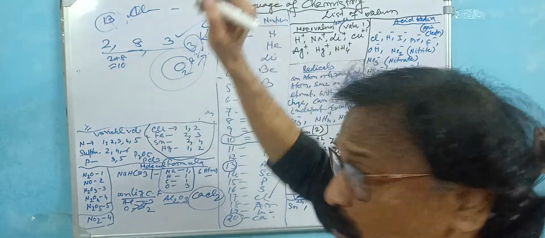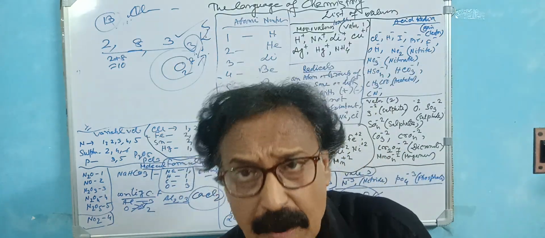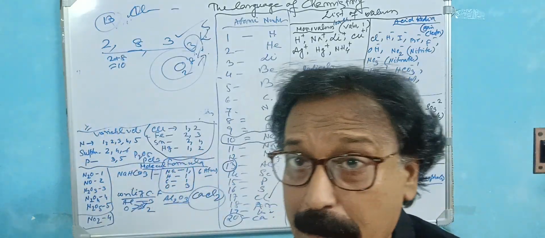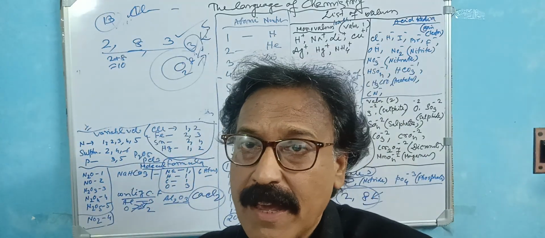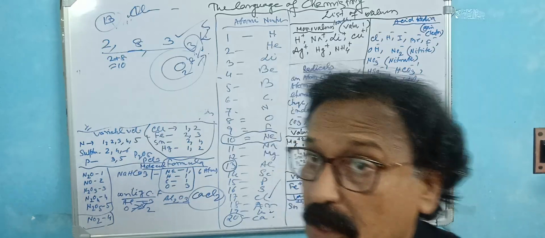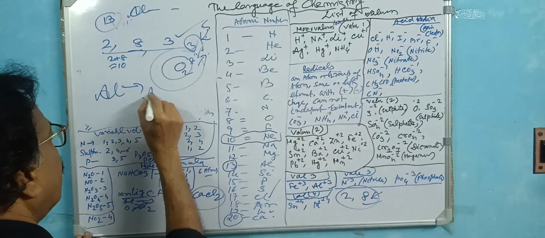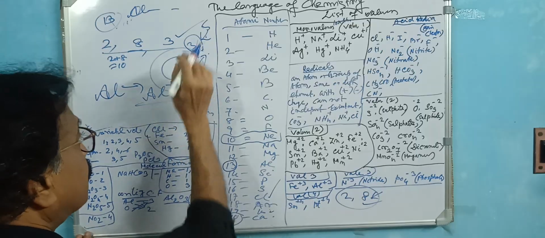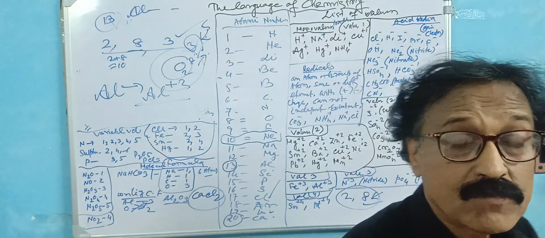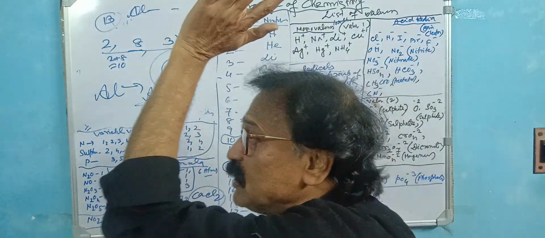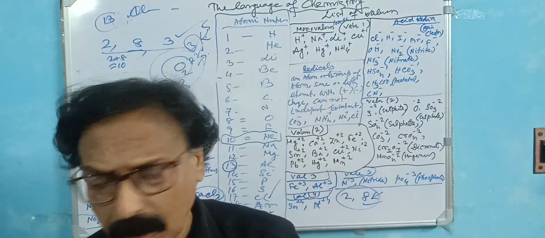If you remove 3 electrons from the orbit, the minimum energy is lost. And if you accept electrons, it is 5. So it is easier to move out 3 electrons from the outermost orbit. So aluminium goes Al to Al plus 3. For that reason the minimum energy is released, where the energy expenditure is less. In this way the valency of aluminium is 3.